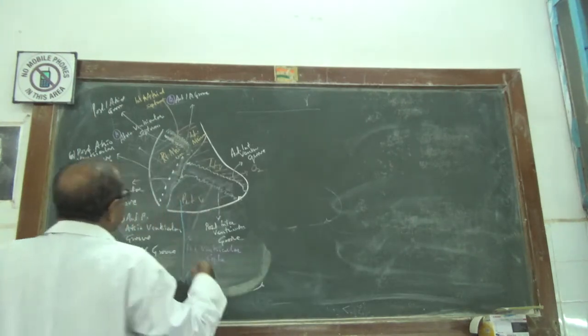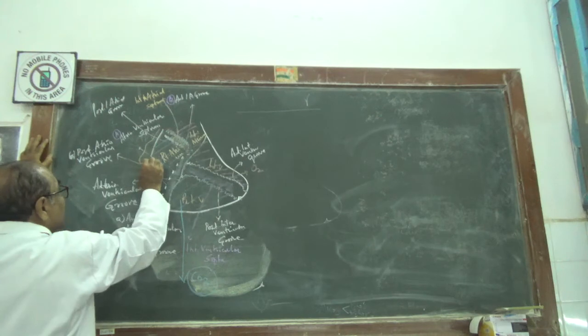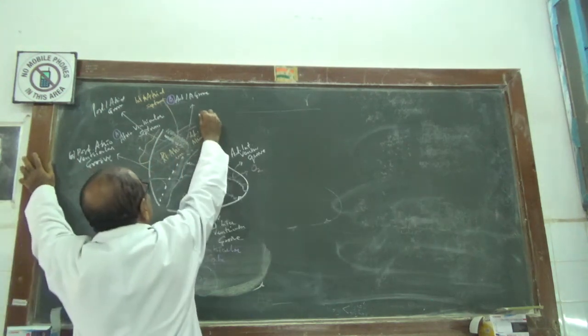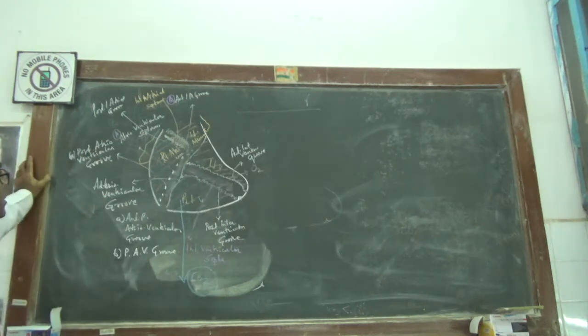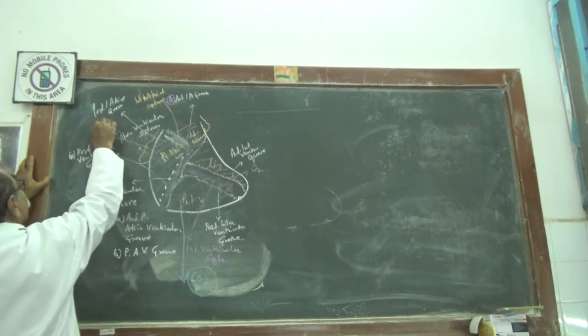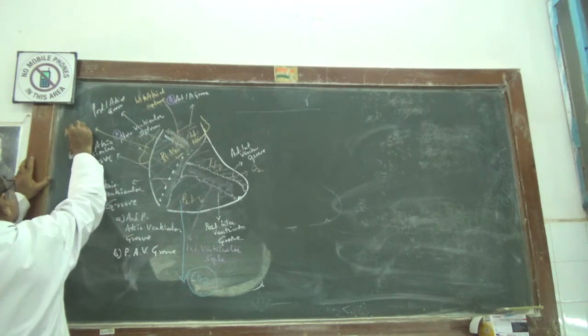Then there are ear-like projections on the atrial portion of the heart. Those are called what? Ear-like remnants. They are called the auricles.